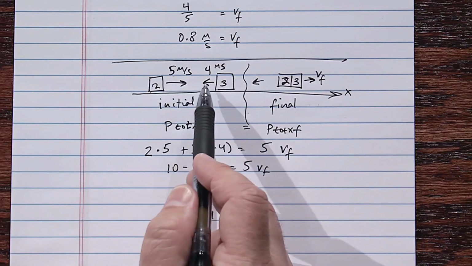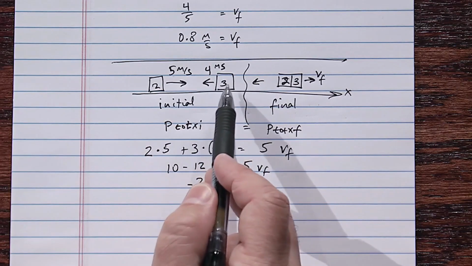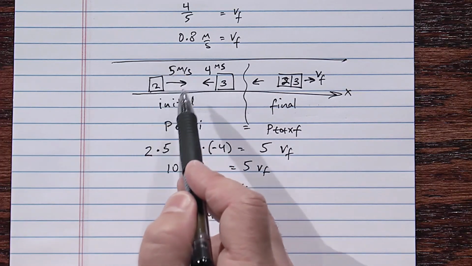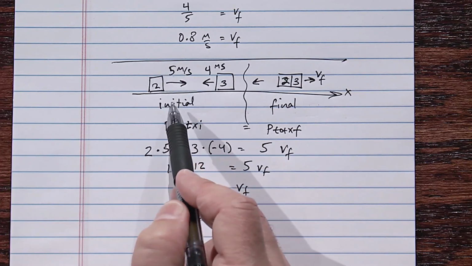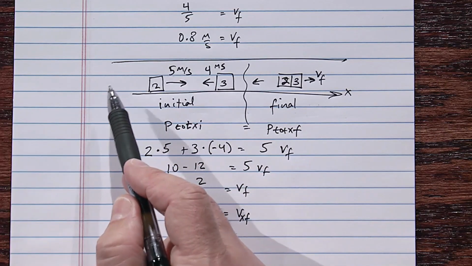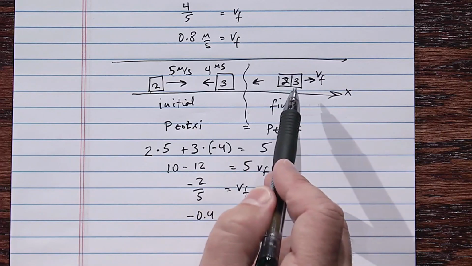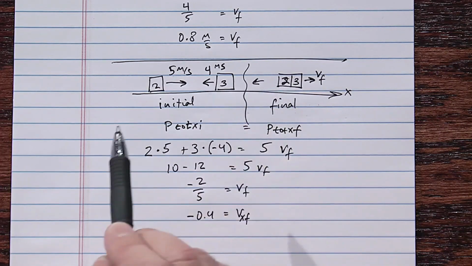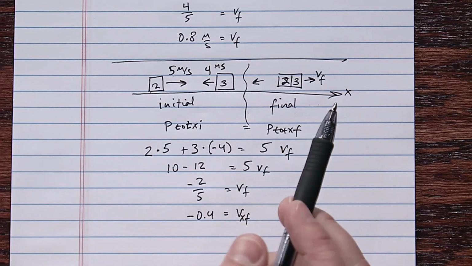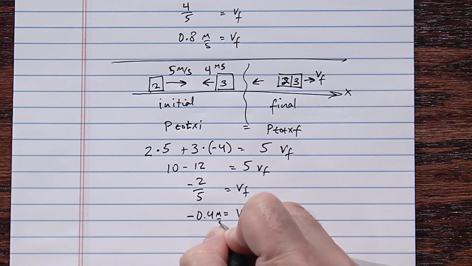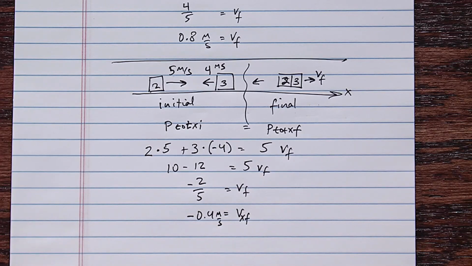Or in other words, this object has more momentum in the negative direction than this object has in the positive direction. So the total momentum is in the negative x direction. So after the collision, when they stick together, the momentum has to be in the negative x direction. And we know that it will be moving at 0.4 meters per second in the negative x direction.